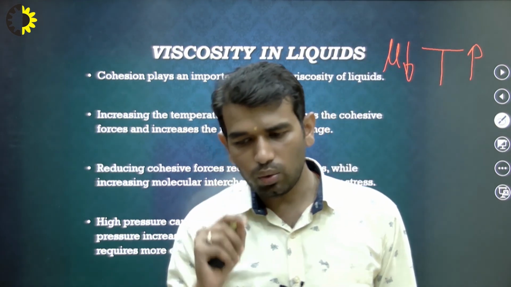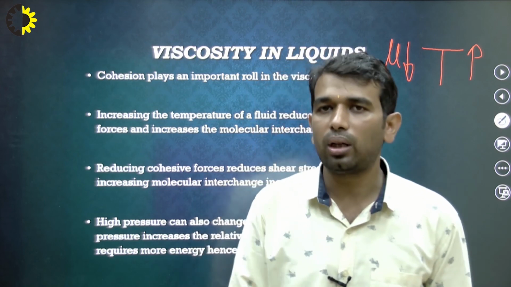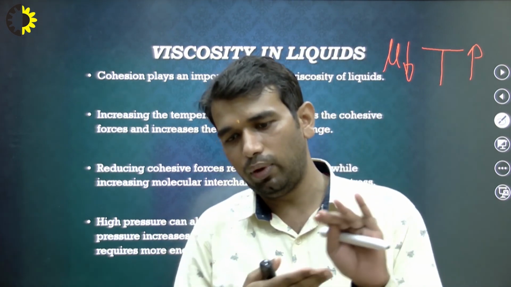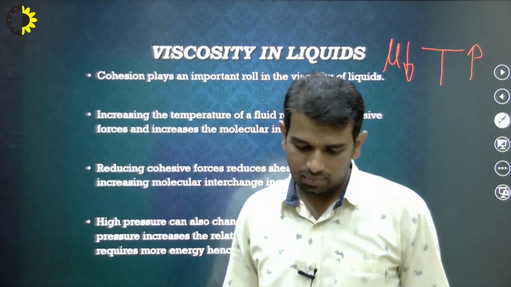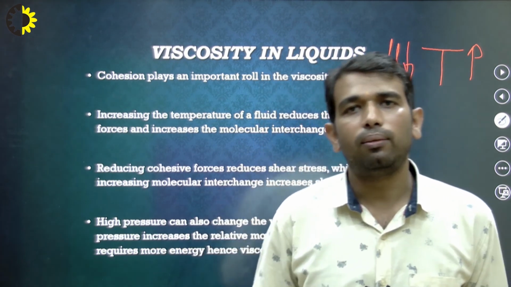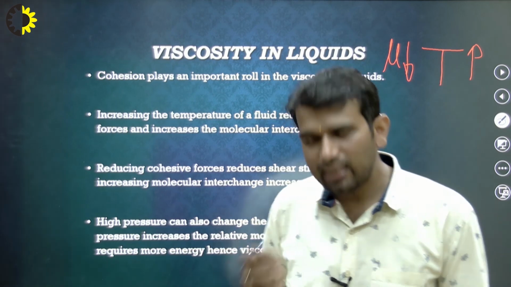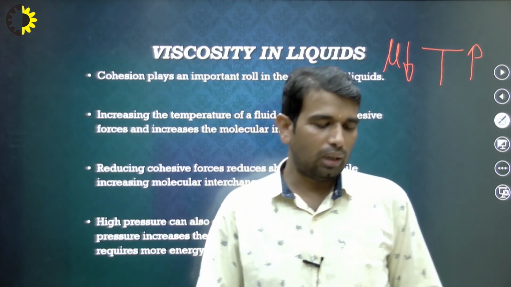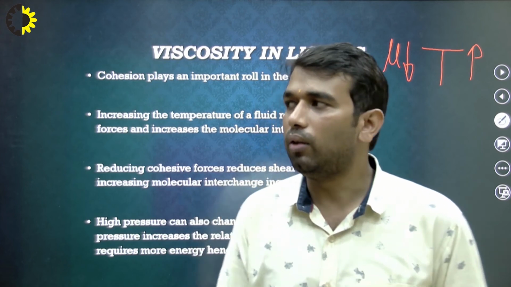What is going to happen? With hot water, cohesive forces are going to reduce significantly, and because of that the fluid can penetrate inside the cloth very easily. So viscosity plays a very important role here. When you increase the temperature, viscosity is going to reduce significantly, and because of that the flowability of the fluid is going to increase.